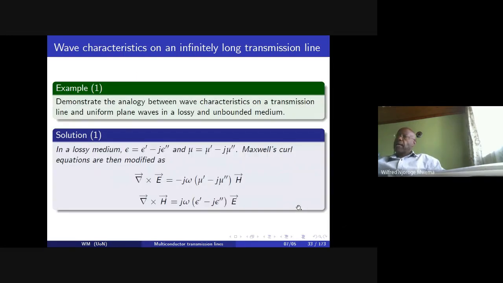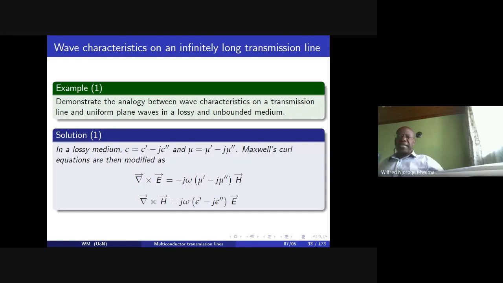Okay? So, example 1. Demonstrate the analogy between wave characteristics on a transmission line and uniform plane waves in a lossy and unbounded medium. Now, this is exactly the same thing like what we were talking about in examination question 4. All we are going to do is to write them down and try to make a correspondence of the terms.